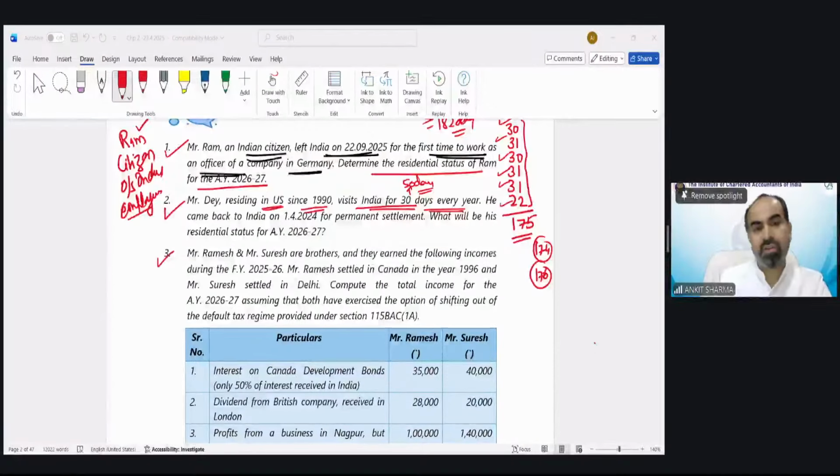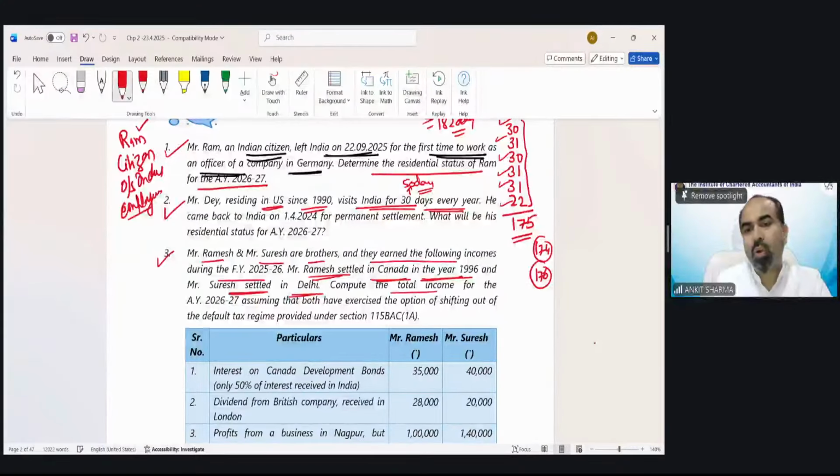Chalo. Third is: Ramesh and Suresh are brothers. Very good, good to listen to that. They earn the following incomes during financial year 25-26. Ramesh settled in Canada in the year 1996 and Suresh settled in Delhi. Compute the total income for the assessment year, exercising the option of shifting out of the default tax regime.